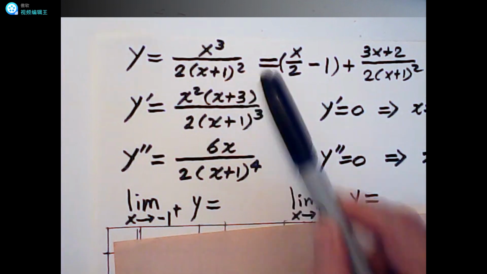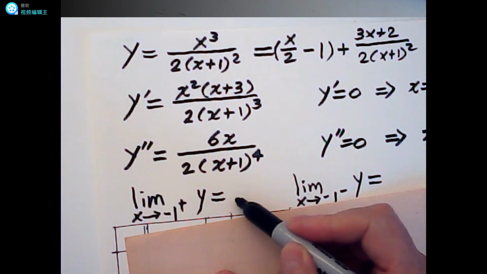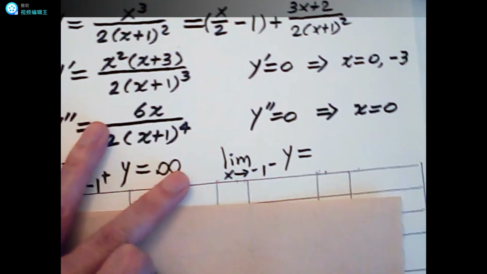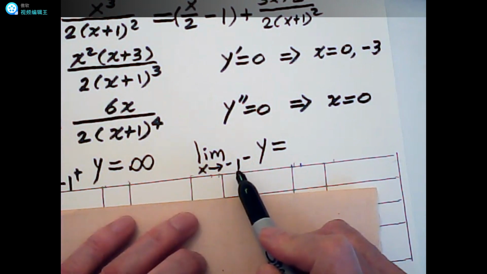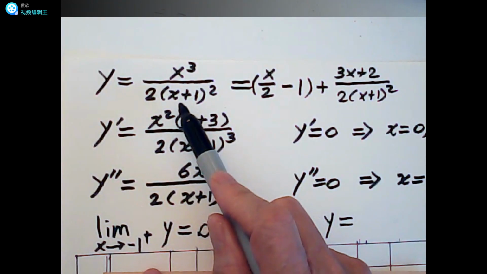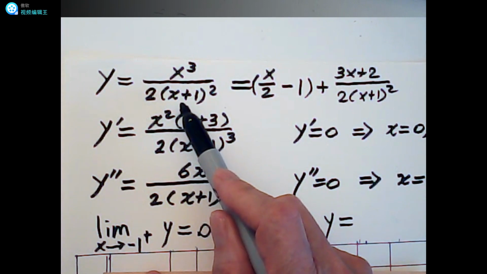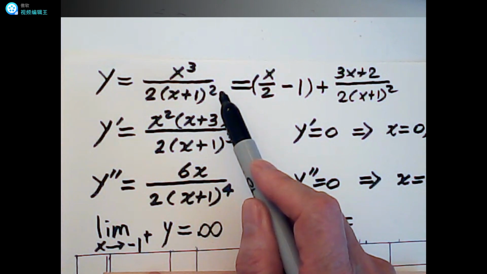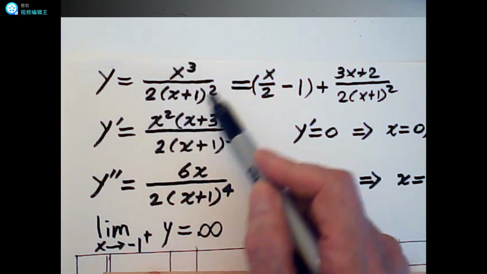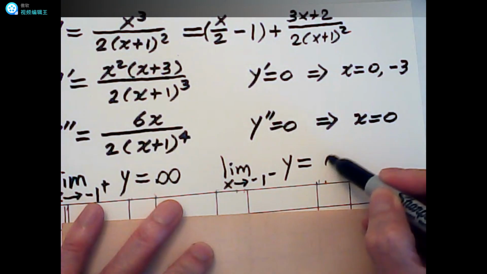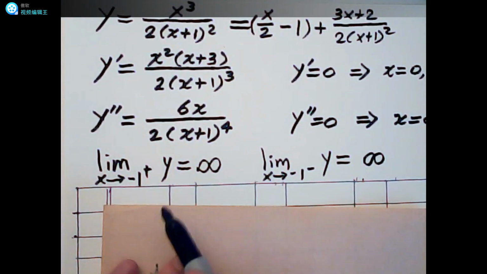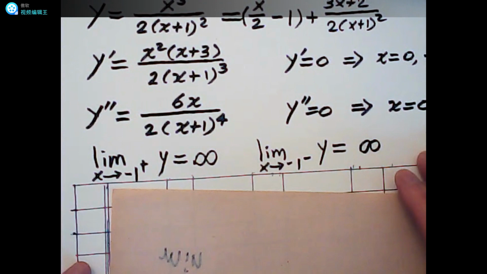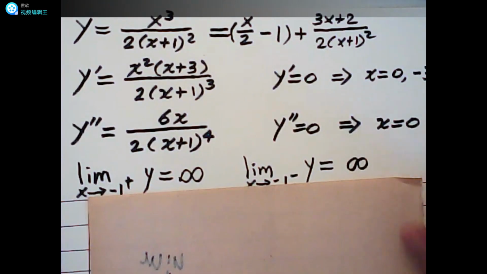Since this is squared, the overall value is positive, right? Positive infinity. So is the limit when x approaches negative 1 from the left. This is also close to 0, negative, and after the square it is a positive small number. So this quotient will be a very large number. It means that when x approaches negative 1, y will be infinity. X equals negative 1 is our vertical asymptote.